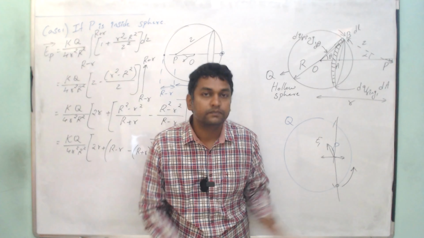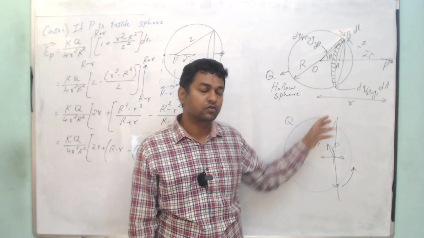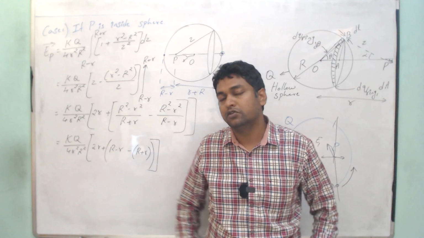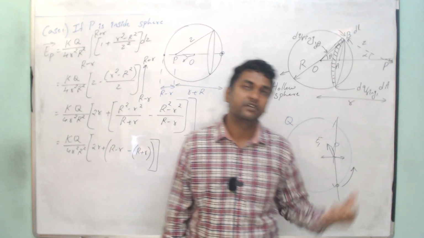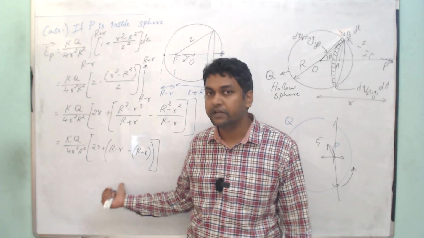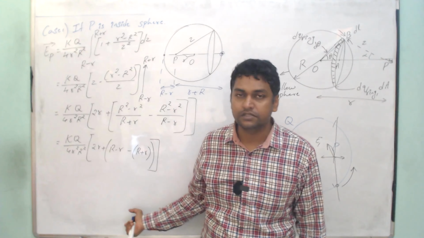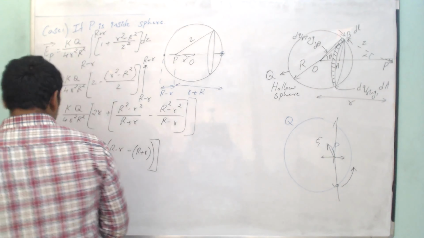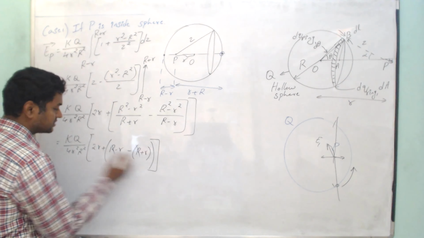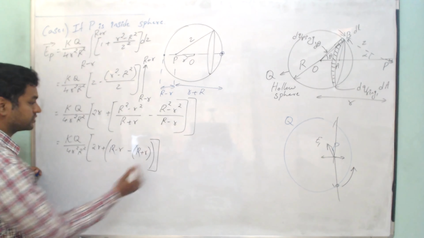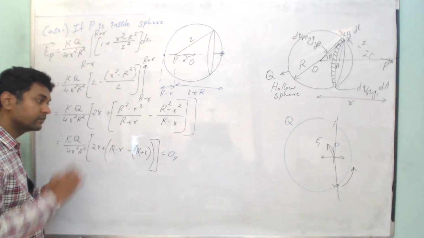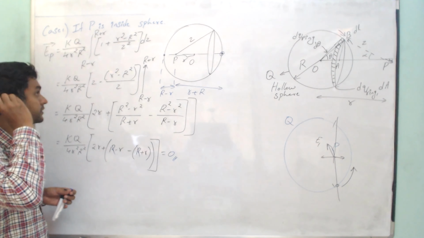So fewer points, more magnitude; more points, less magnitude; eventually, vectorially also, according to the polygon law of vectors, it is basically 0. I should get the mathematical, analytical solution also as 0. So R and minus R get cancelled, 2R and minus 2R will also get cancelled. This is 0. Is it clear?